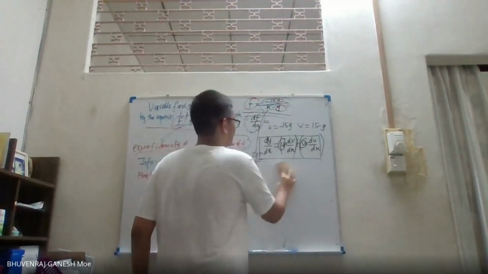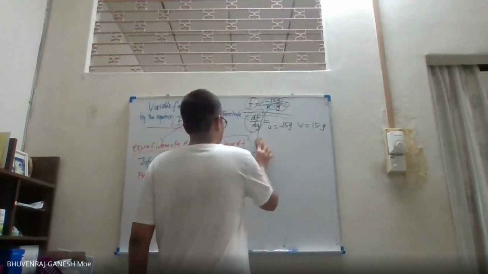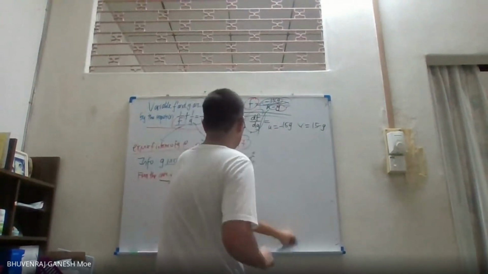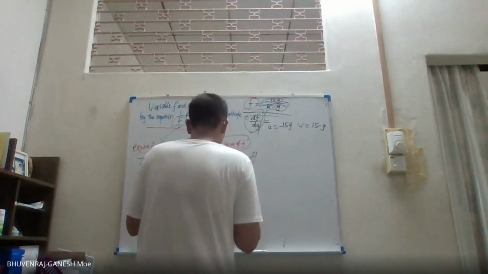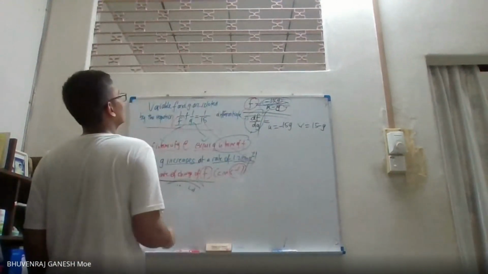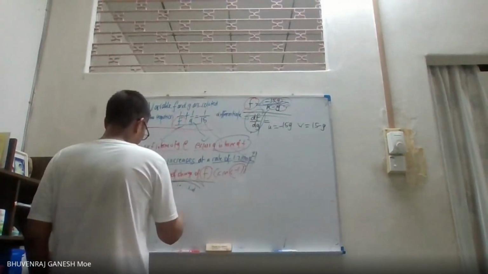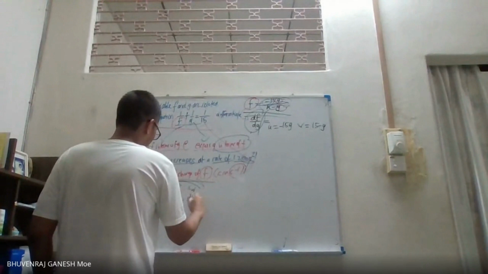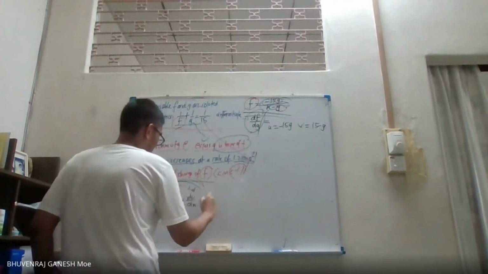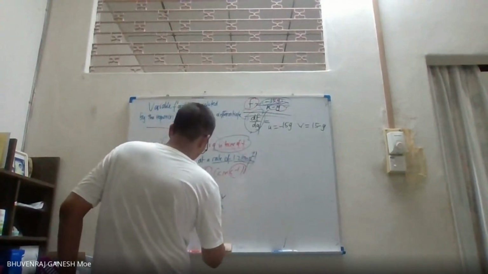I'll introduce the formula first. Let's say the quotient rule formula goes like this: dy over dx equals v du over dx minus u dv over dx, all over v squared.